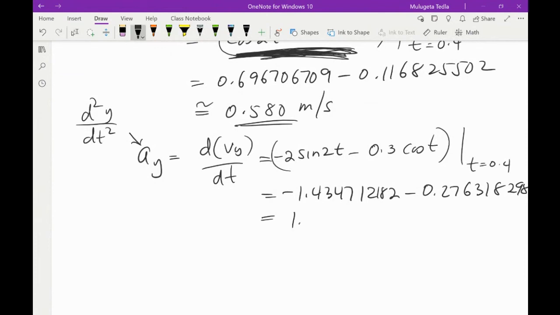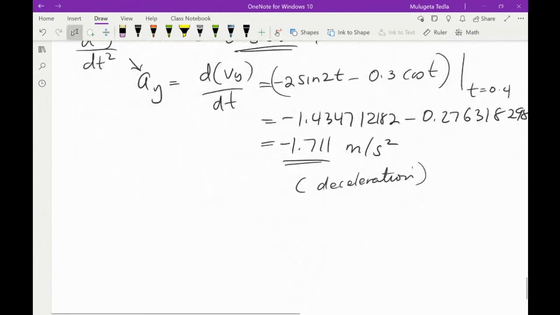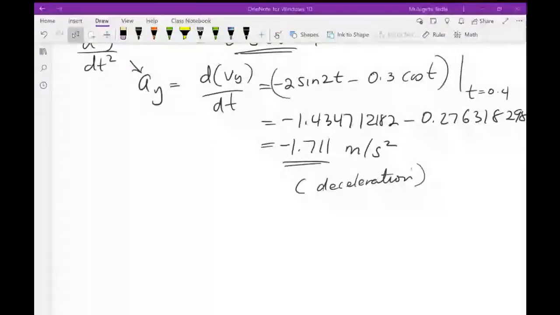I got negative 1.711 meters per second squared. It's a deceleration. Of course, it's a deceleration because it's going down. It's getting slower. Does it make sense?